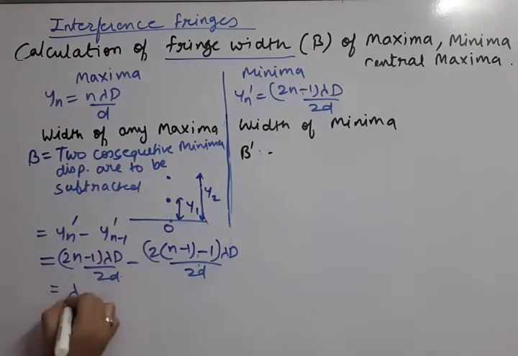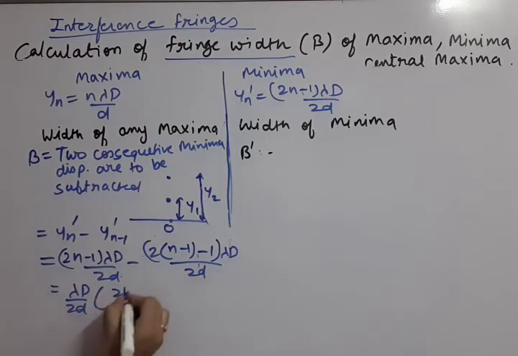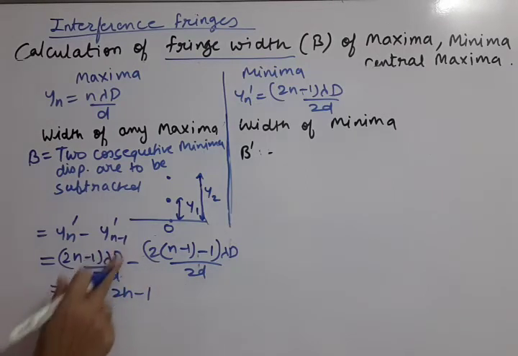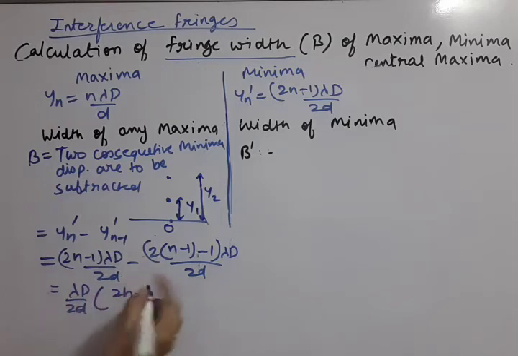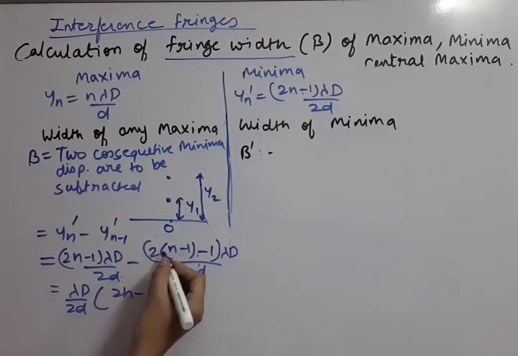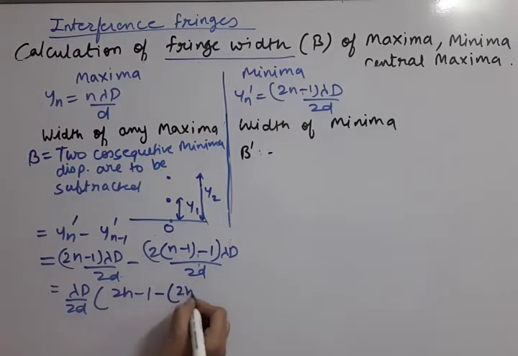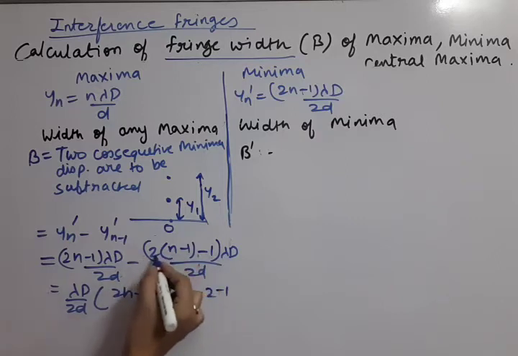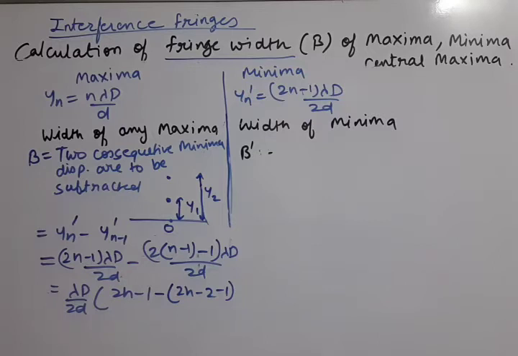Okay, let us solve it. Lambda D by 2d is common in both. Here 2n minus 1 is left. See, lambda D by 2d is taken common, 2n minus 1 minus. Here also lambda D by 2d is taken common. Now the minus sign, bracket 2n minus 2 minus 1.